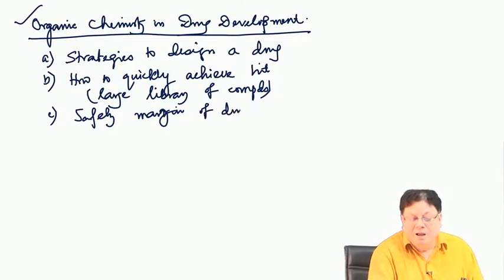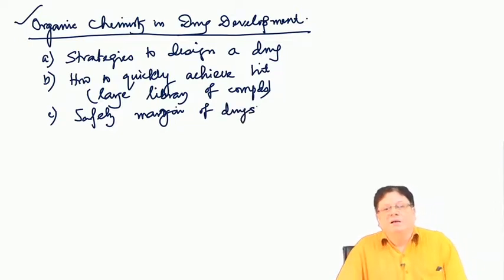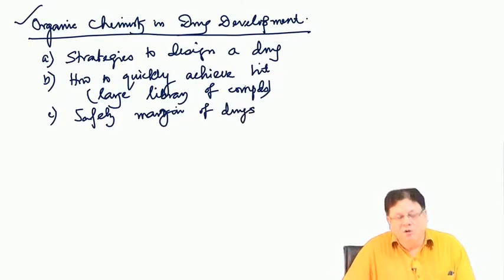That means every drug has a side effect and also is toxic after a certain amount of dose. So, we have to be very careful about the therapeutic index of a drug, because that is the margin which is allowable to take.